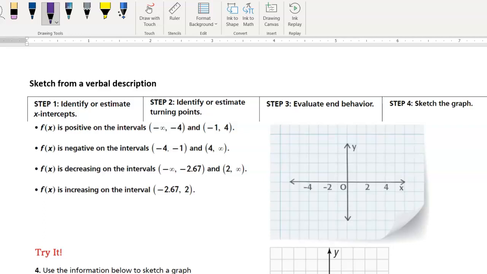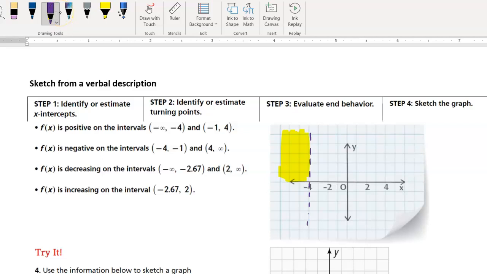So let's look at this first example. It says that it's going to be positive on the intervals from negative infinity to negative 4 and from negative 1 to 4. Now remember, those are intervals using the x-axis. So I'm going to use a dashed line here because before negative 4, the graph is going to be positive. So the graph is going to be up here.